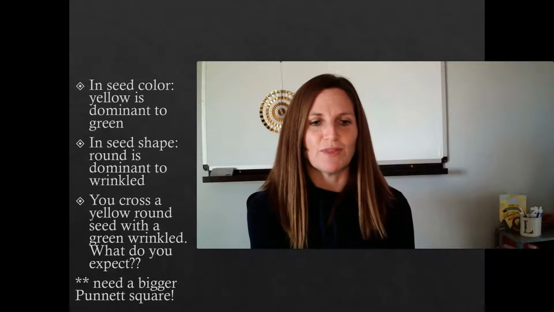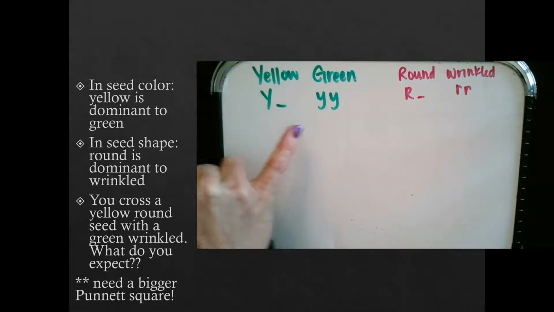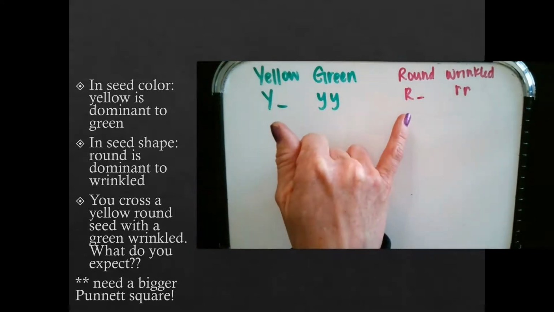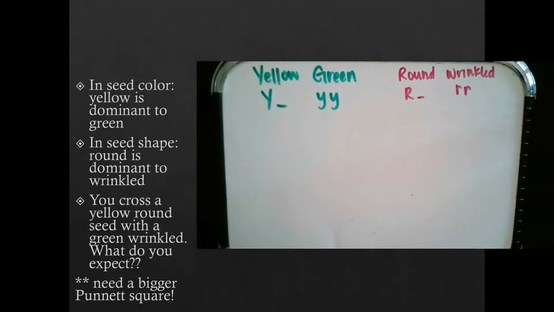So let's get started with that. So we're starting out with our genotypes and phenotypes corresponded to one another. So yellow, big Y, little y, green is small y, because that's the recessive. Round is big R, blank, and wrinkled, small r, small r.